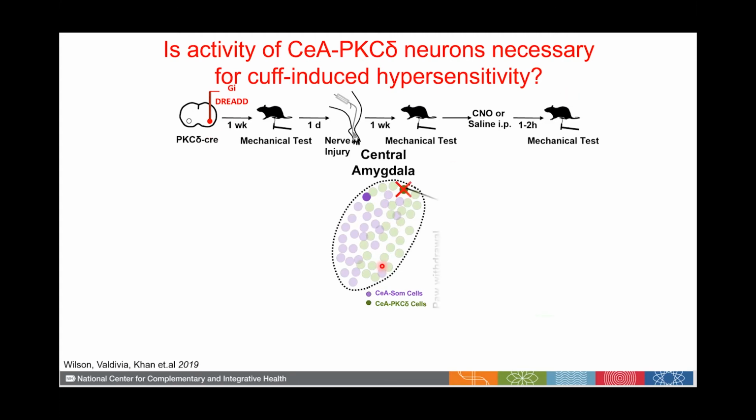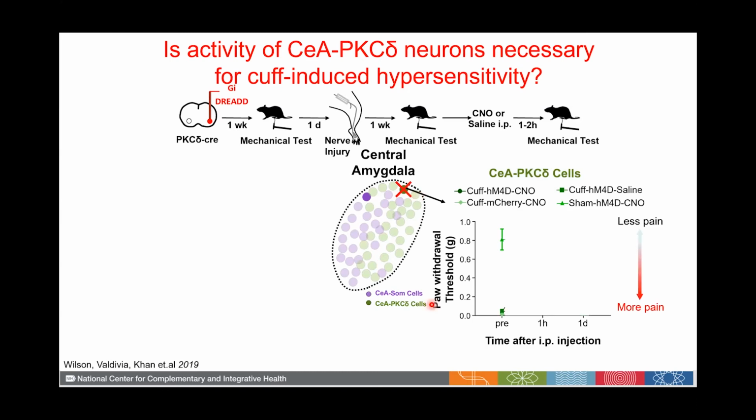When we inhibit the PKC delta neurons, and this is just to orient everyone before I show the results, these are the paw withdrawal thresholds. Lower values mean more pain, higher values mean less pain. Before the inhibition of the PKC delta neurons, the sham animals have less pain, and all the cuff animals have hypersensitivity.